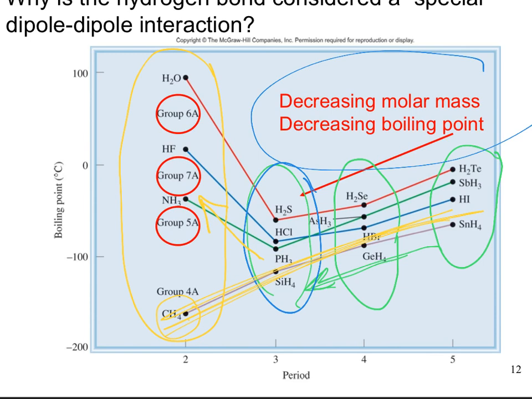And yet CH4, when it's just carbon with hydrogen, is not in that group. If you remember from Gen Chem, a carbon-hydrogen bond is non-polar. So CH4 only has dispersion.